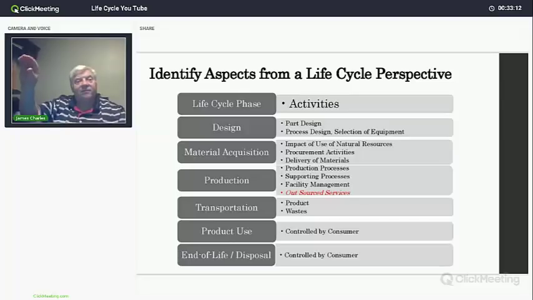Once we identify the activities, then we can determine, are there environmental aspects? The same with our procurement or material acquisition. We select vendors. We use natural resources. We have these things delivered to us.